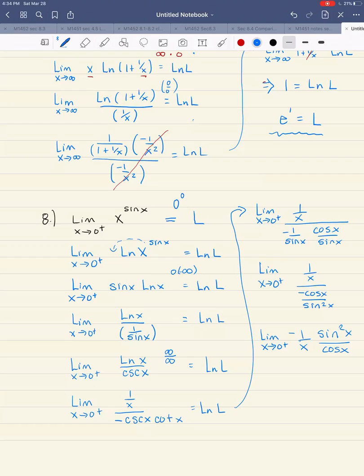Let me go ahead and put the negative here. In fact, I can make that all one fraction. But look, as x goes to 0, sine of 0 is 0, and I've got a 0 down here. So I've got the form of 0 divided by 0. We're going to need to do L'Hopital's rule again. So I've got to scroll to another page.